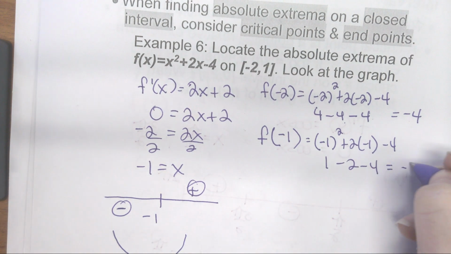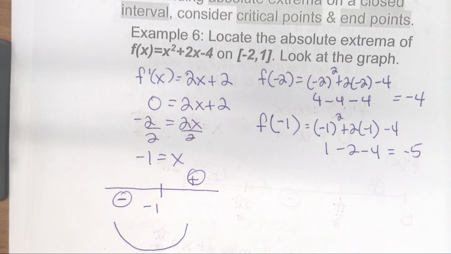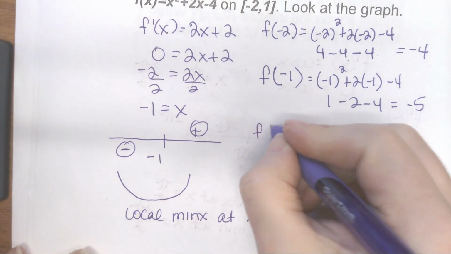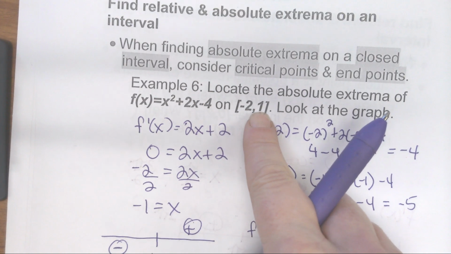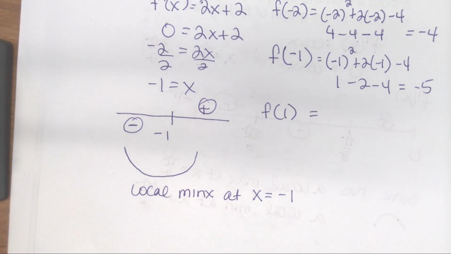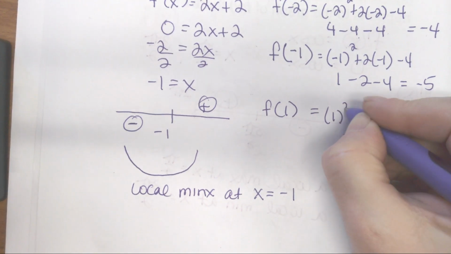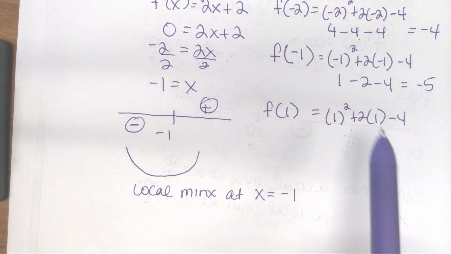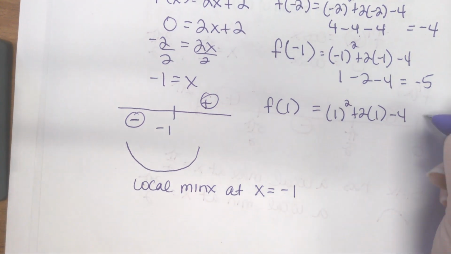Ooh. So far, that's lower than negative 2. And then let's check in with our positive one. I'm picking positive one because it's the right end point. Okay, so for extrema, you have to check locals and the endpoints. So we have 1 squared plus 2 times 1 minus 4. That's 1 plus 2 is 3. 3 minus 4 is negative 1.